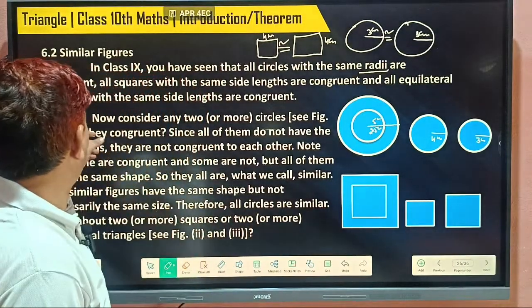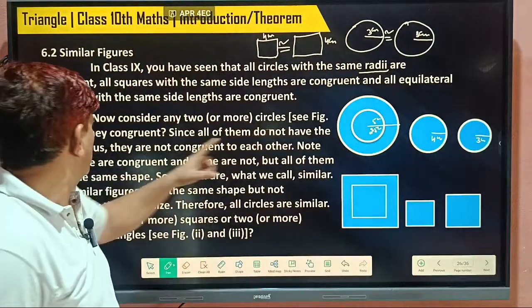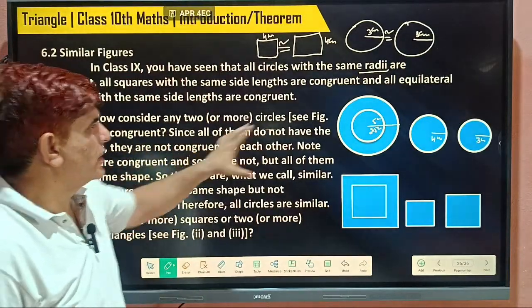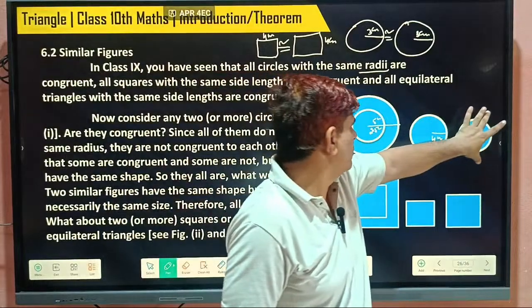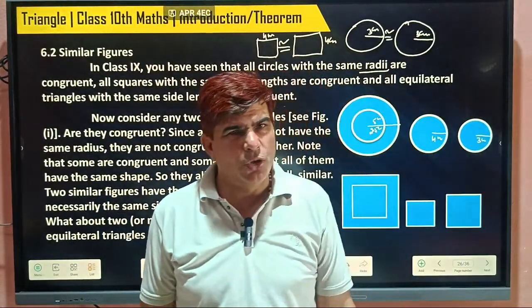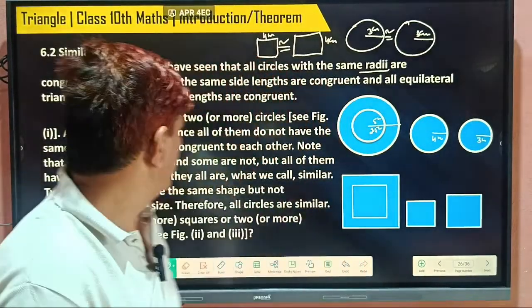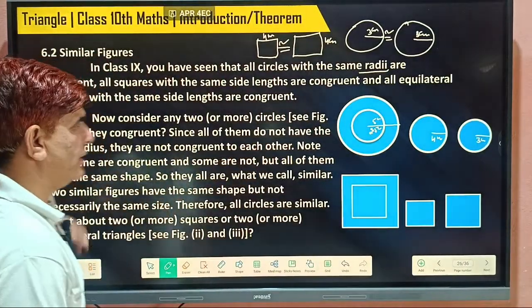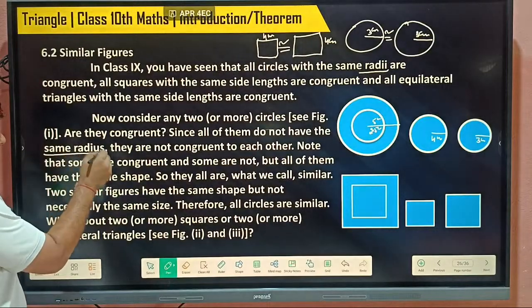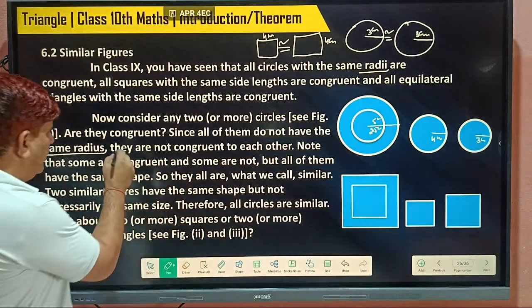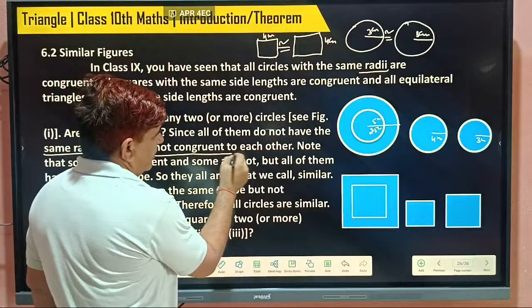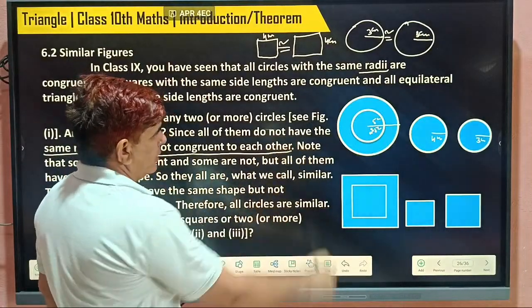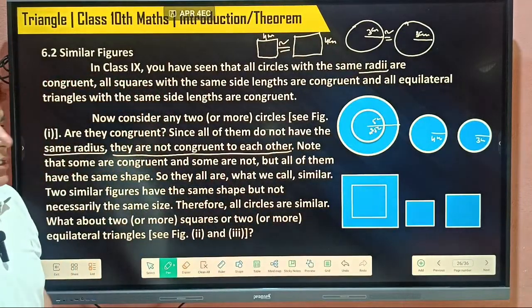So that's why it is written: now consider any two circles. Are they congruent? No. Why? Because their size is not the same. Since all of them do not have the same radius, they are not congruent to each other.